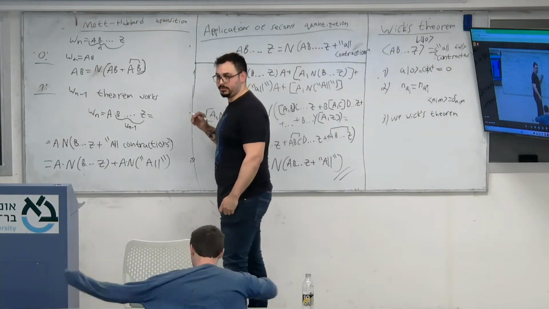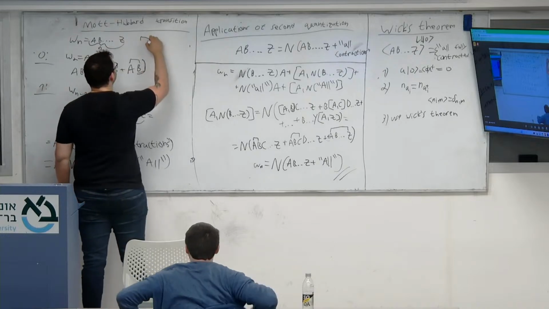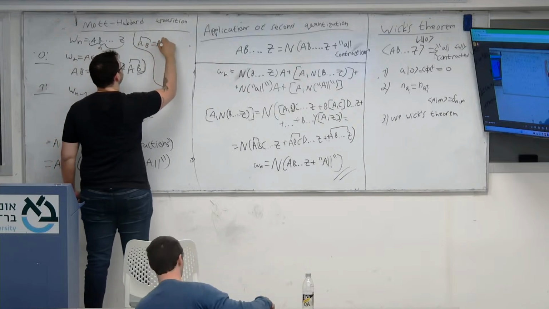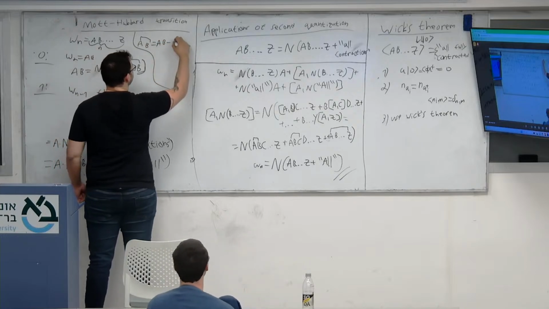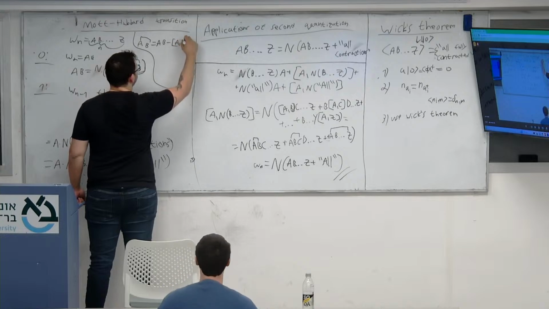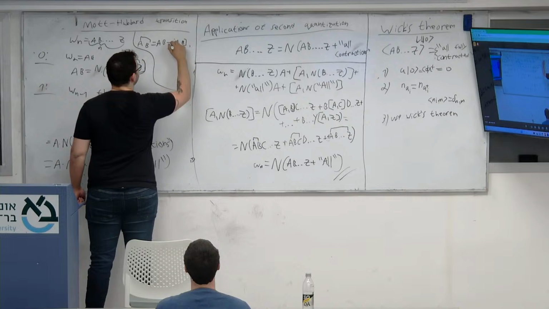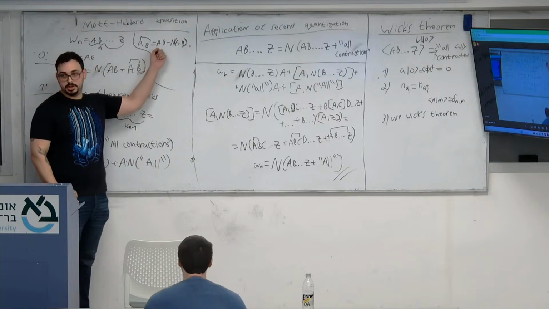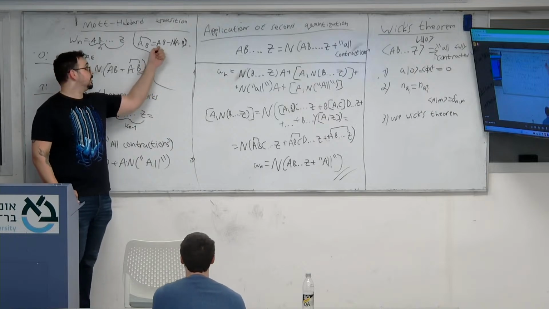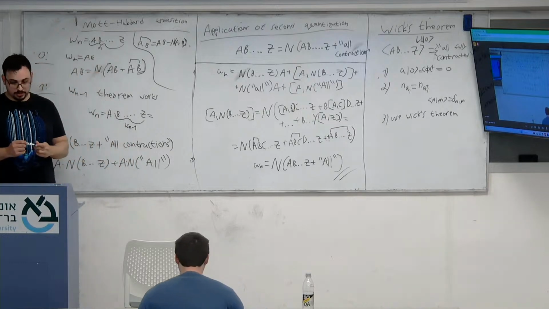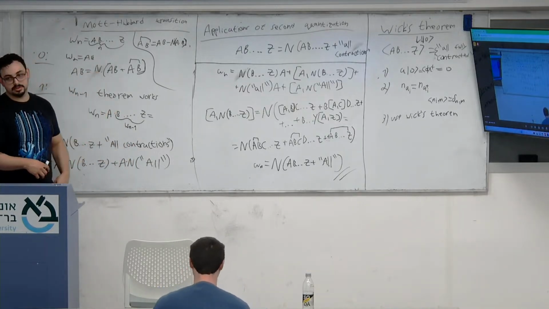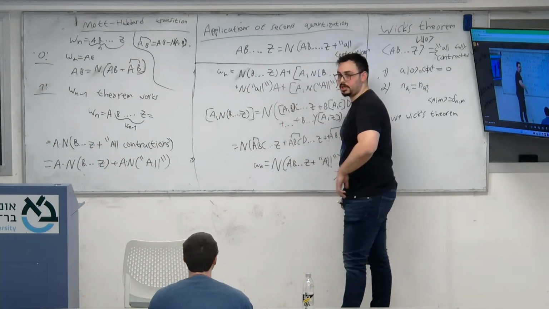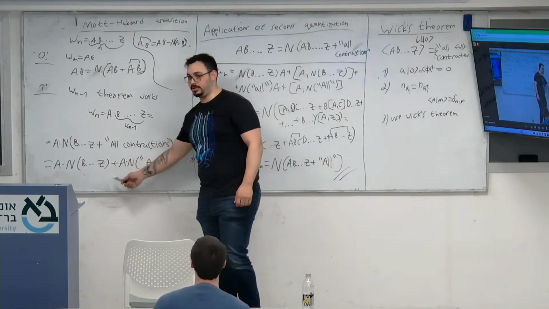I'm just going to write the equation for contraction again: the contraction of A and B equals AB minus the normal order of AB. So if AB is in normal order, it's equal to 0, and if it's not in normal order, it's just the commutator. So we can say overall that the commutator is a contraction, because we assume here that A is an annihilation operator. If it's a creation operator, we're done in this step.